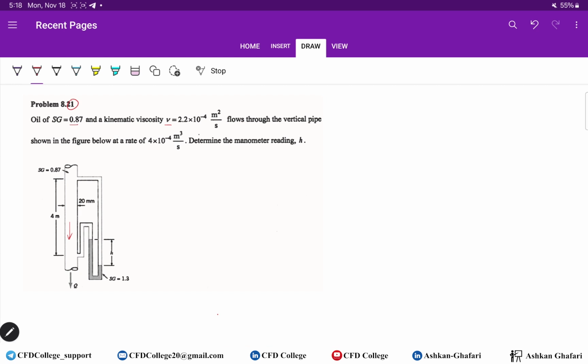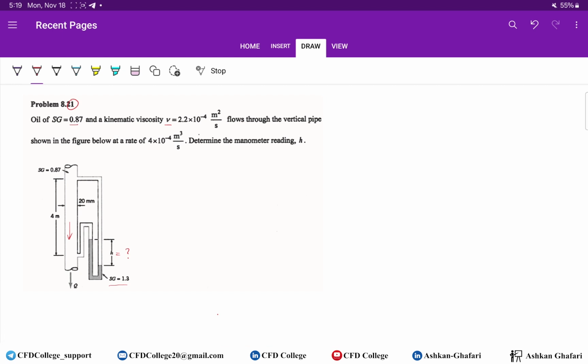So we have the flow rate, the kinematic viscosity, and the specific gravity of the oil. This pipe is connected to a manometer, and we have a liquid here with SG of 1.3, and we want to find this manometer reading H.